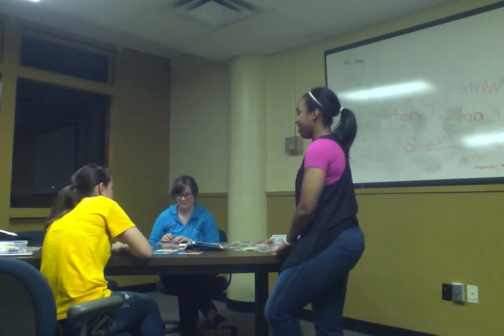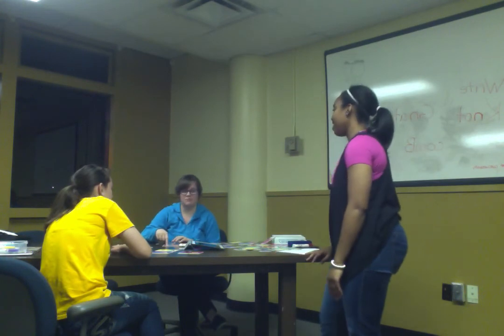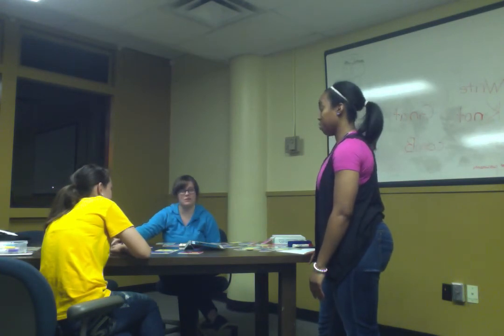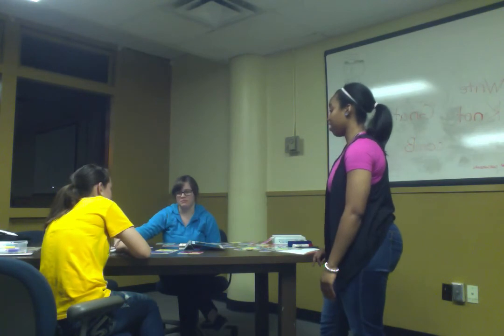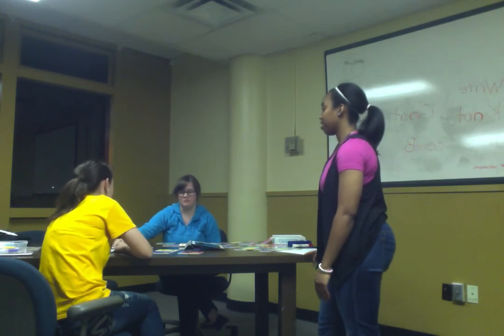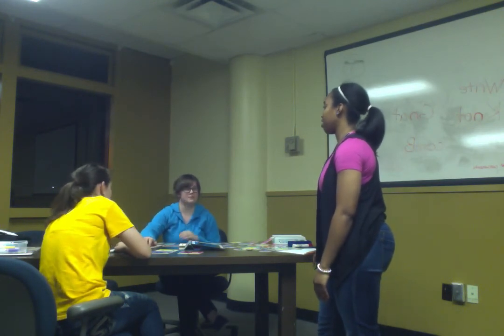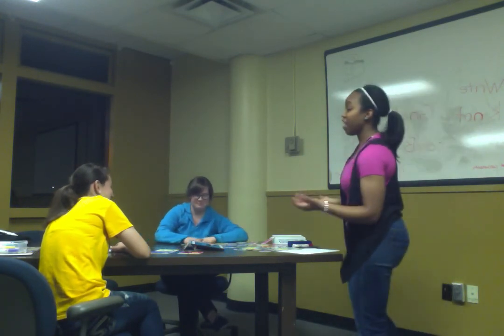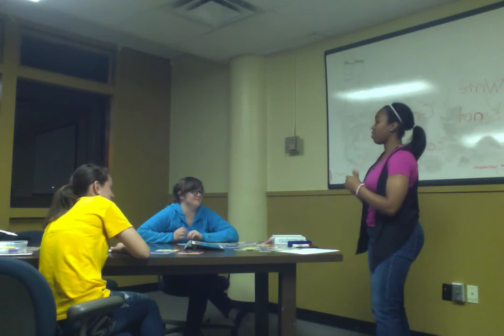Very good. Knee. Good. Wreath. Very good. I like how you sounded that out. That's all your words? Very good. I loved how you guys read those and we talked about those rules.